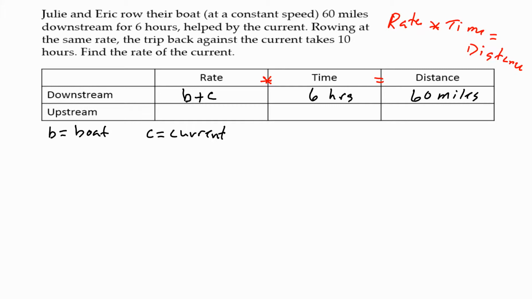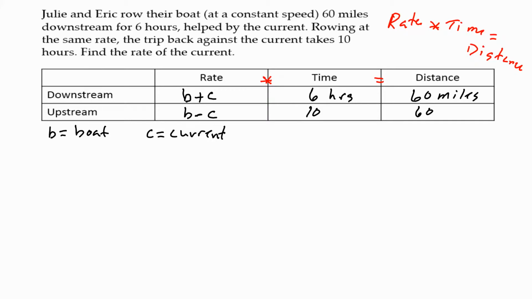Now, we're making the assumption that the current didn't change and that their rowing didn't change either. Ideally, that's not always going to happen. So if they're going upstream, instead of the current working with them, it's going to work against them. Hence the reason they took 10 hours to go the same distance.